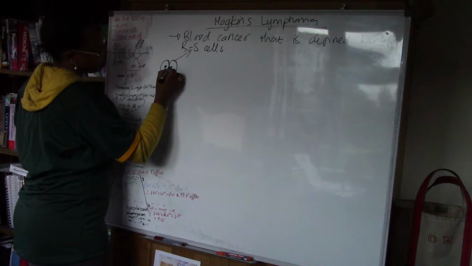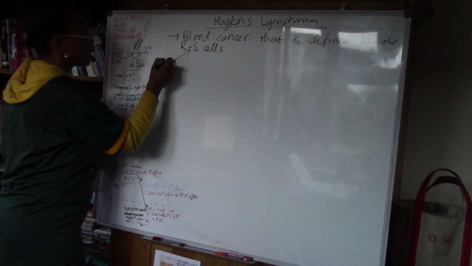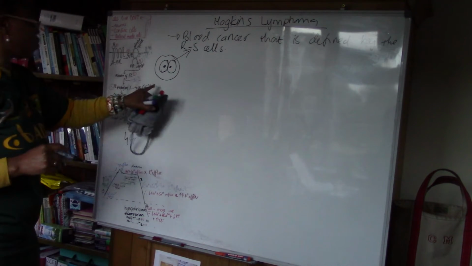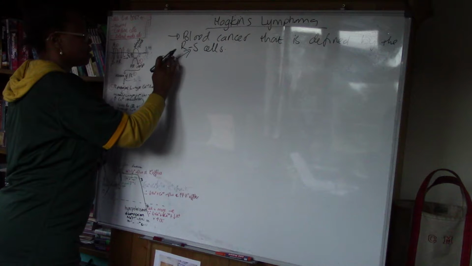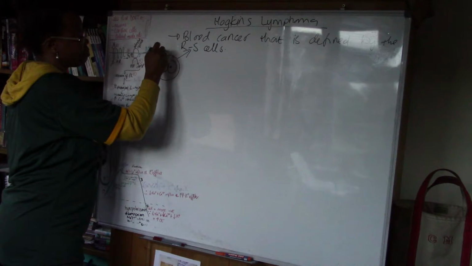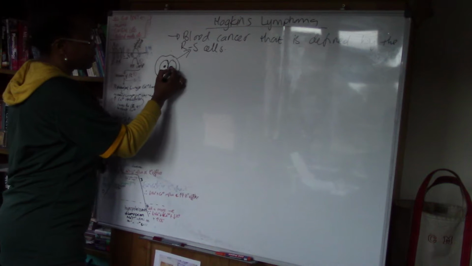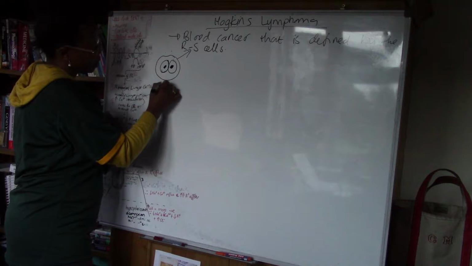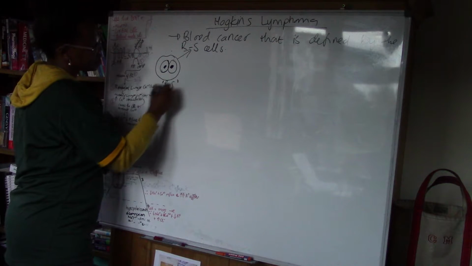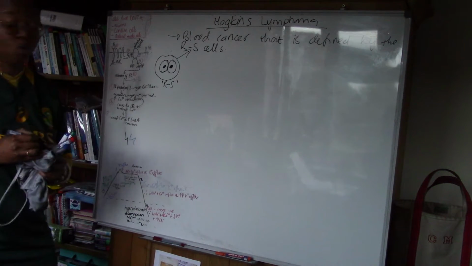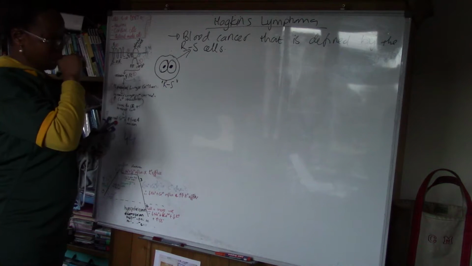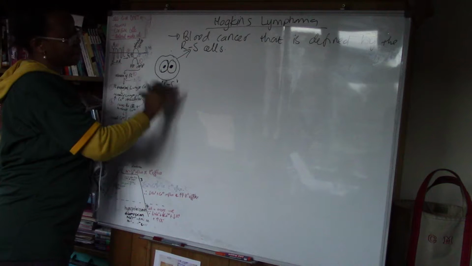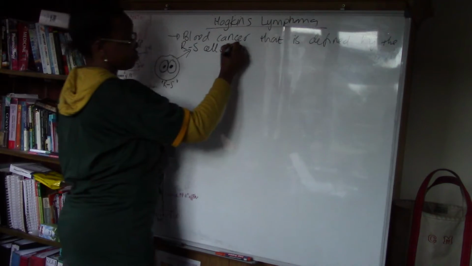So they will have a lovely nucleus that's like that, and this will be like a bilobulated cell. So you'll have cells that look like this, and it doesn't matter how the background is. The background might be other cells, but finding this cell with owl's eye tells us that this is a Hodgkin's lymphoma.